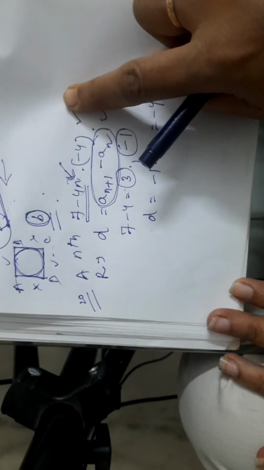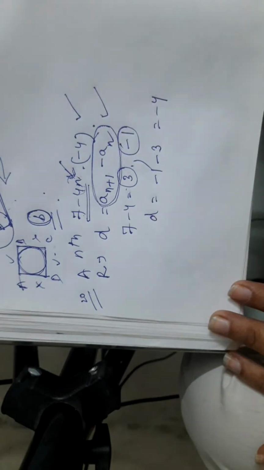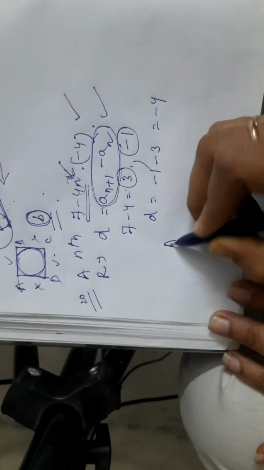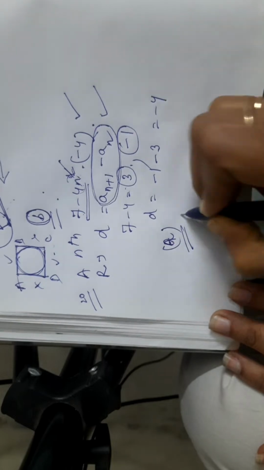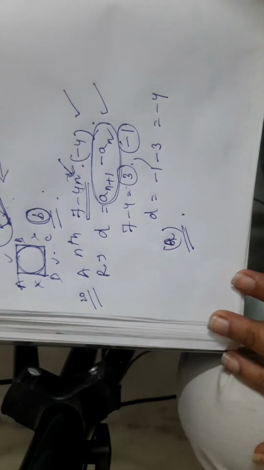So both A and R, assertion and reason, are true, and reason is the correct explanation for assertion. So the correct answer is option A. Both are true and it's the correct explanation. So option A.